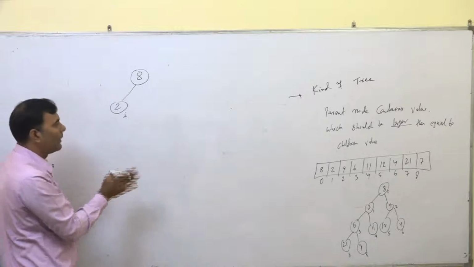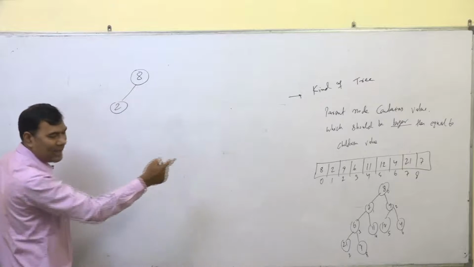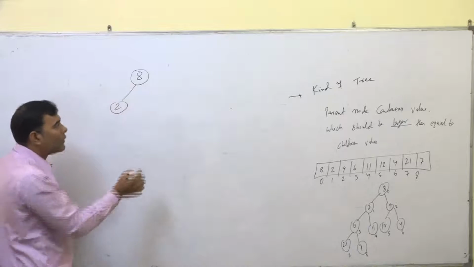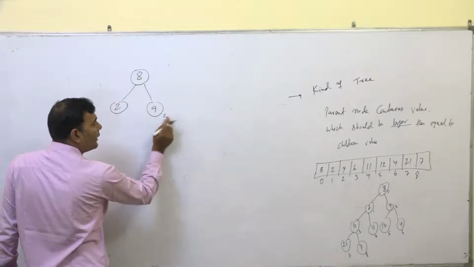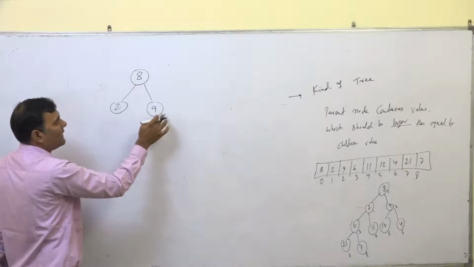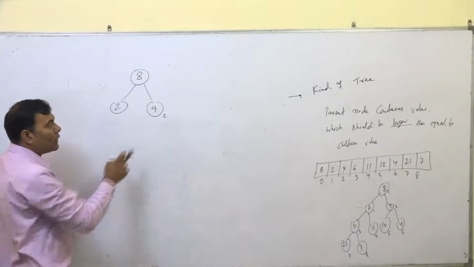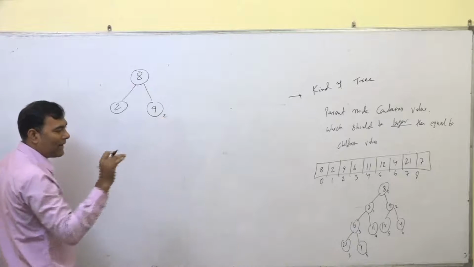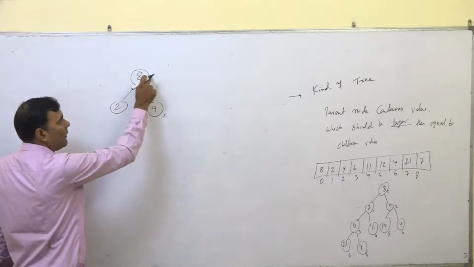Clear? After this, you need to insert the next element, that is 9. When 9 comes, its index is 2. So you can check whether this element is larger than the parent value or not. I is 2, so you can find (i minus 1) upon 2, which means 0. So you compare with this index.